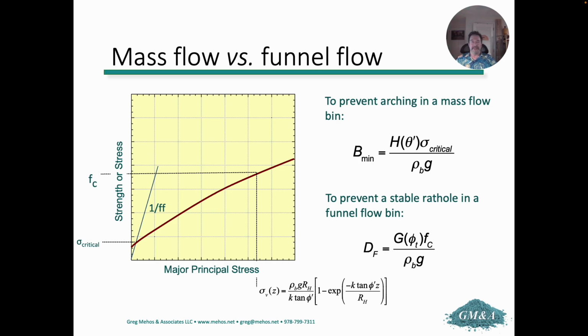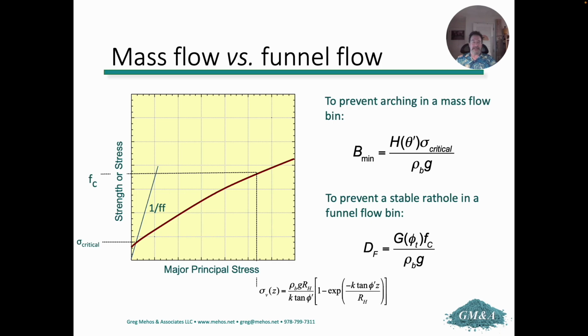So when you compare the relationships that give us the critical outlet dimension to prevent arching in a mass flow bin with the critical rat hole diameter that's required to prevent a stable rat hole from forming in a funnel flow bin, you can see how different the results can be.